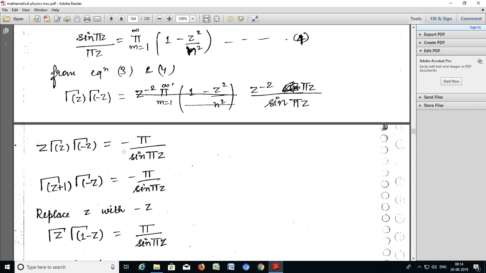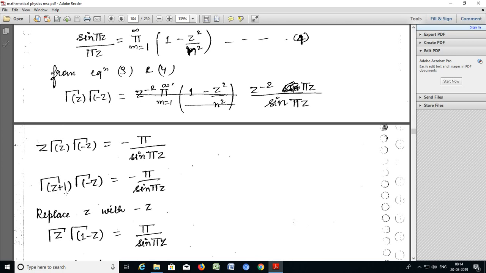So the third equation gives you gamma z into gamma minus z equal to z to the power minus 2 into minus pi z over sine of pi z. So z into gamma z into gamma minus z can be written as minus pi over sine pi z. This is z minus 1, so that will be taken to the left hand side.